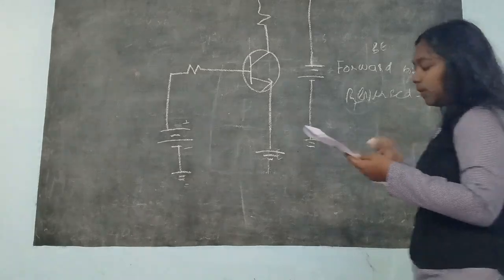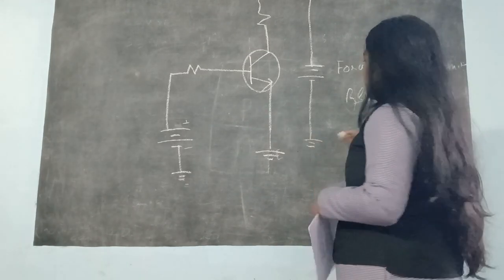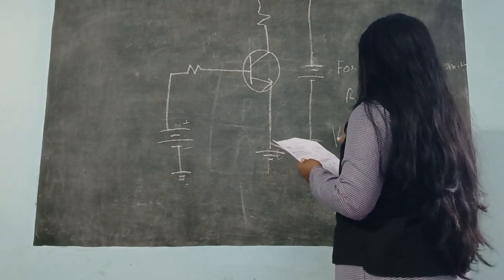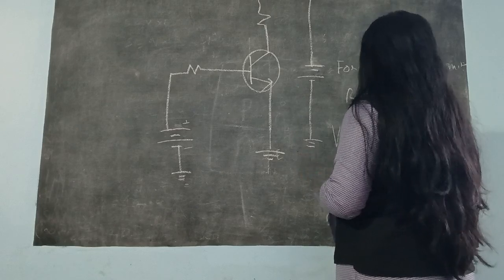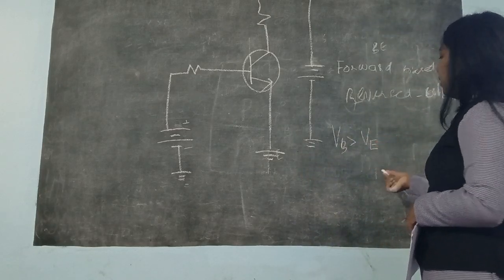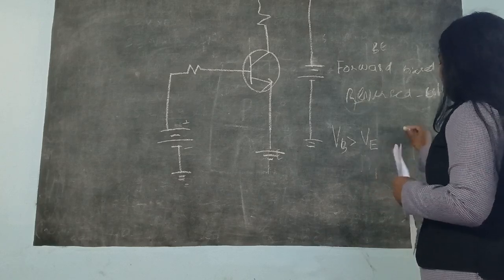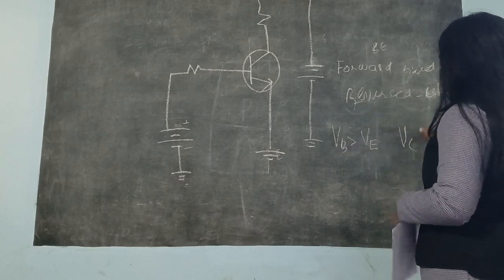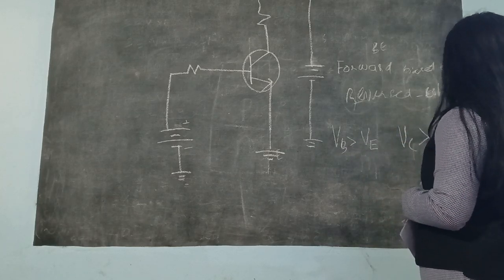At this condition, VB is greater than VE. That's the voltage at the base is greater than the voltage of the emitter, and VC, the voltage of the collector, is greater than VB.